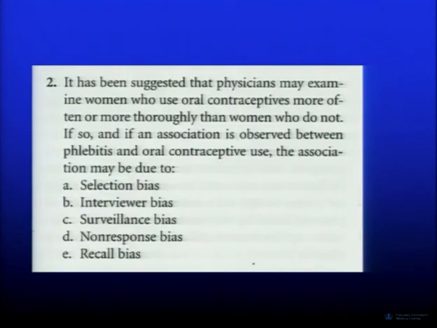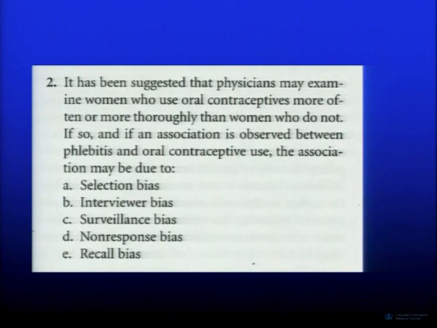Because interviewer bias is when the person is actually asking the individual what was your exposure? That's not an interviewer. The interviewer is usually asking about exposures in a case control, or maybe asking about other exposures, but this is someone that's measuring the outcome.